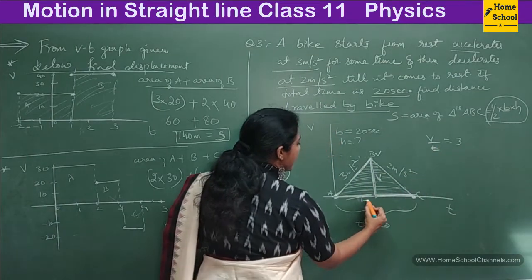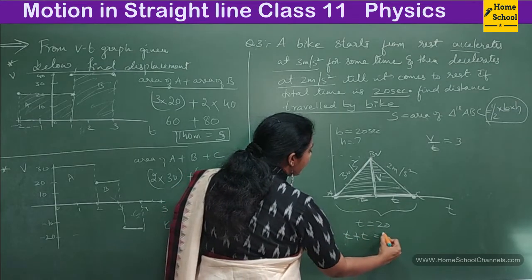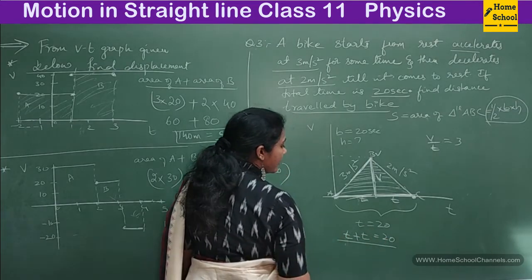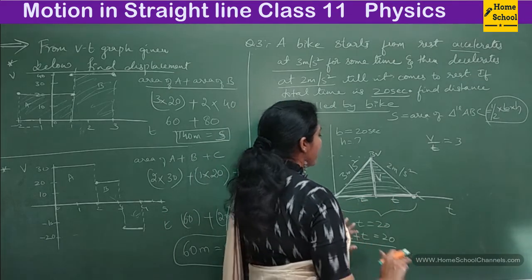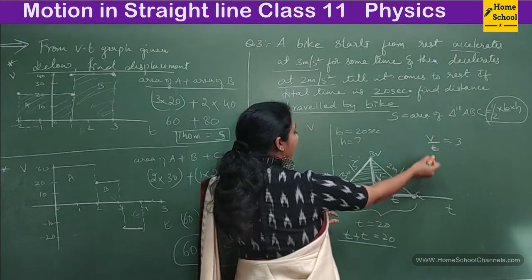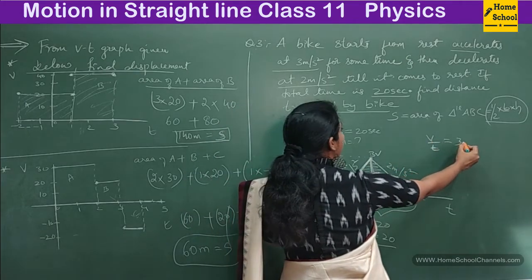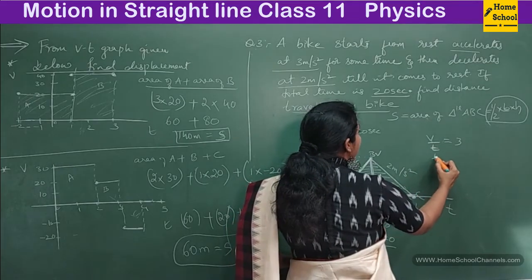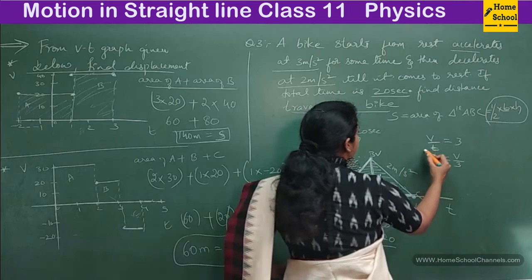Okay, so this is t, this is t, and we know t plus t is equal to 20. So this is t, this is t. T plus t is equal to 20, and v by t is equal to slope, right? So v by t is equal to 3 meter per second. So what is t? T is equal to v by 3, isn't it?